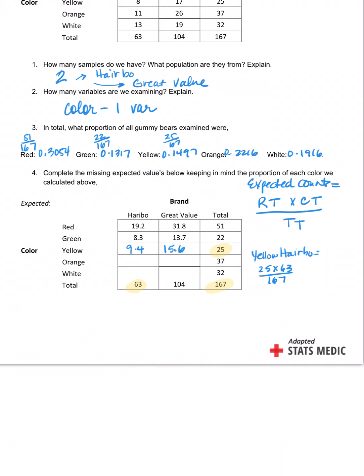Orange, I would do 37 times 63 divided by 167, which gives me 14.0. 37 times 104 divided by 167 is 23. 32 times 63 divided by 167 is 12.1. And lastly, this one comes out to 19.9.